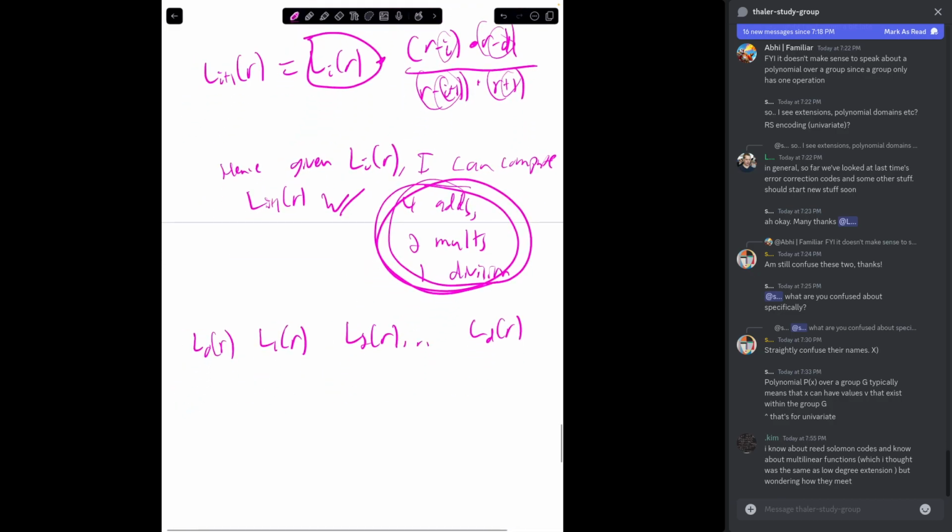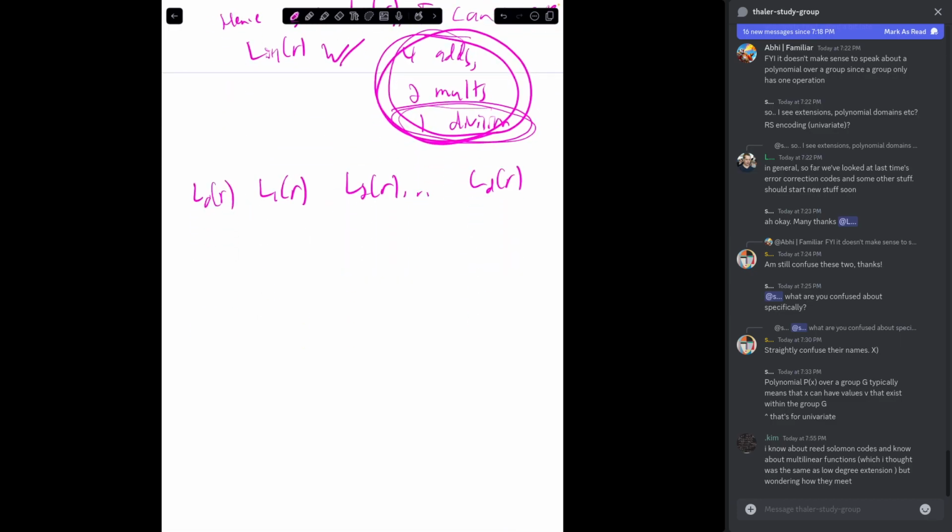And so the last thing I want to discuss is that division is actually not a constant time operation. If you're just doing division, you have to run something called the extended Euclidean algorithm, and its runtime grows slowly, but it does grow with the size of the field, the size of the values you're dividing by.